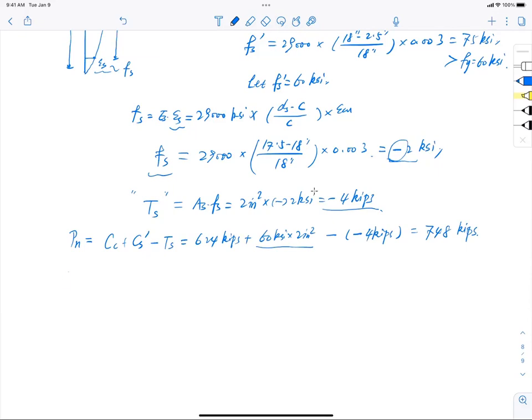All right. So Mn, now there are long equations, so to save you the hassle, I'm just going to write out the numbers.